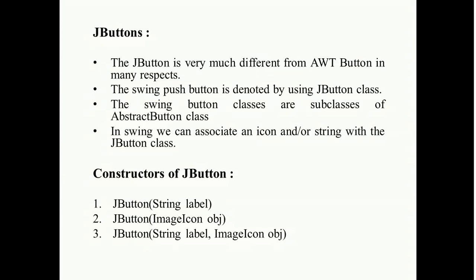This constructor creates a button with the specified label, it is nothing but the name of the button, and associated with the image icon. These three are the constructors of the button.